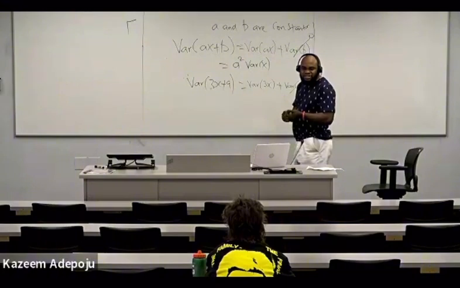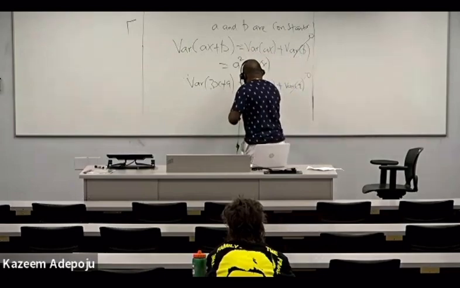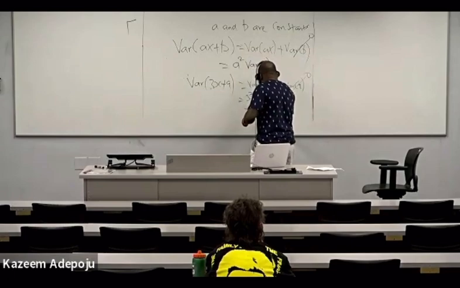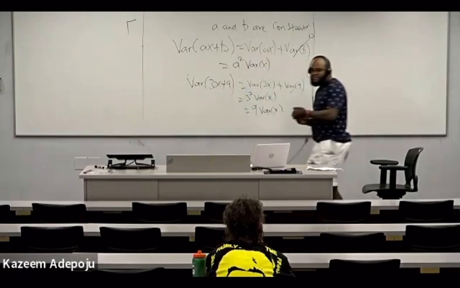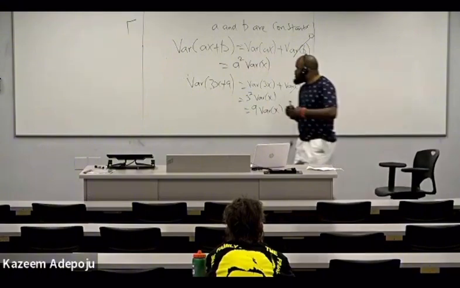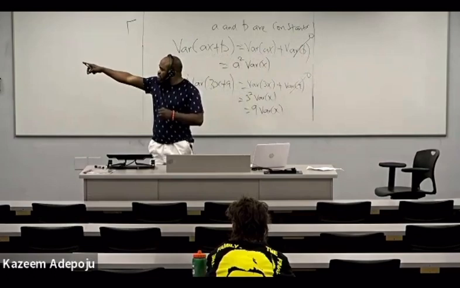A constant doesn't change. There's no variation when you talk about a constant. That's why it's 0. And right here, I'm going to have 3 squared variance of x, which is going to be 9 variance of x. So take a look at that. That is what that rule is trying to say.